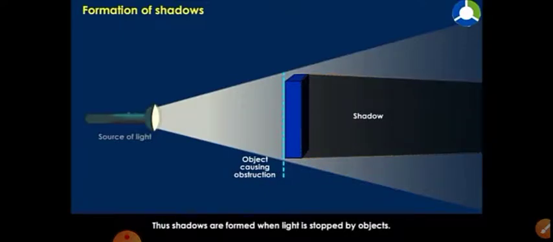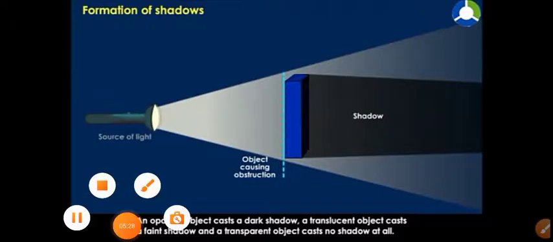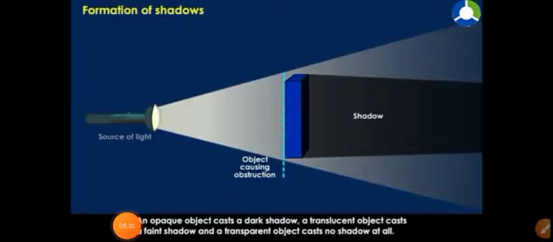Thus, shadows are formed when light is stopped by objects. An opaque object casts a dark shadow. A translucent object casts a faint shadow, and a transparent object casts no shadow at all.